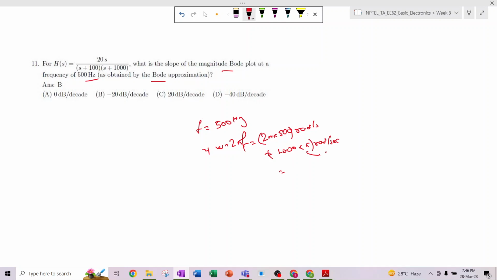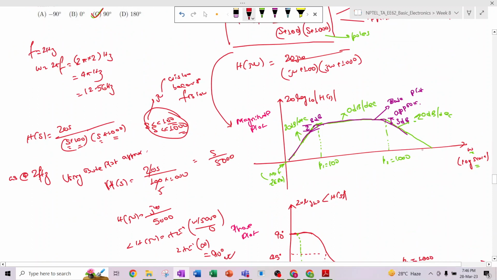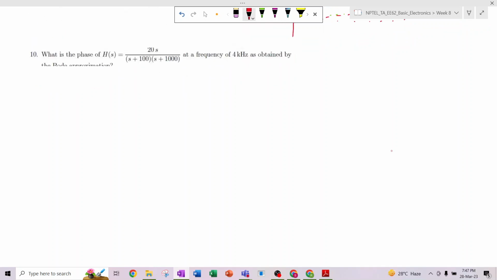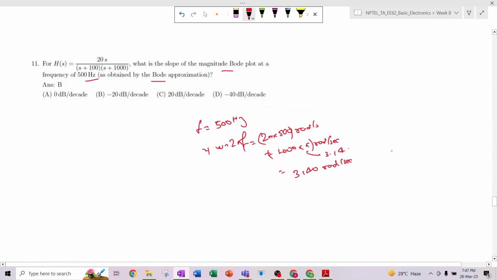So pi means 3.14, right? So this is 3140 radian per second. So according to the graph, 3140 belongs to this region, right? Greater than 1000. So in this region, the slope is minus 20 dB per decade. So the slope of this will be minus 20 dB per decade.